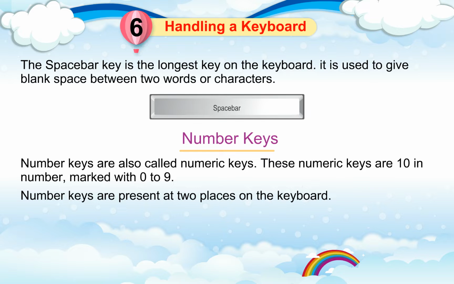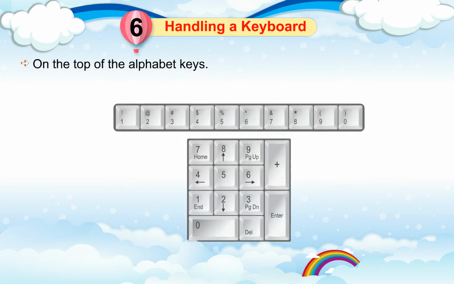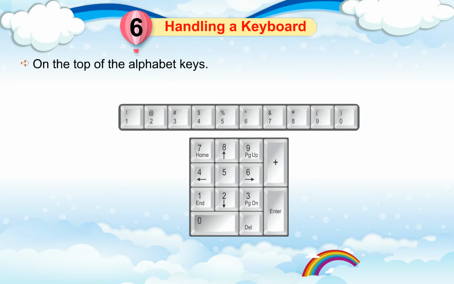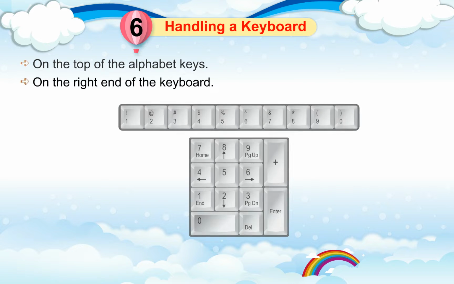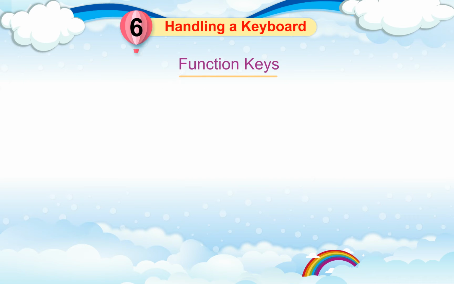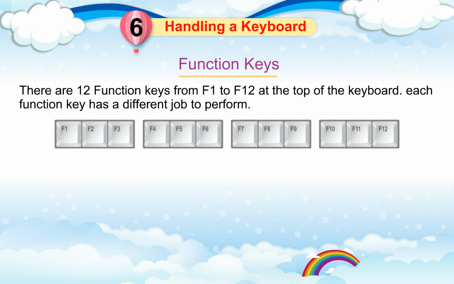Number keys are present at two places on the keyboard: on the top of the alphabet keys, and on the right end of the keyboard. Function keys. There are 12 function keys from F1 to F12 at the top of the keyboard. Each function key has a different job to perform.